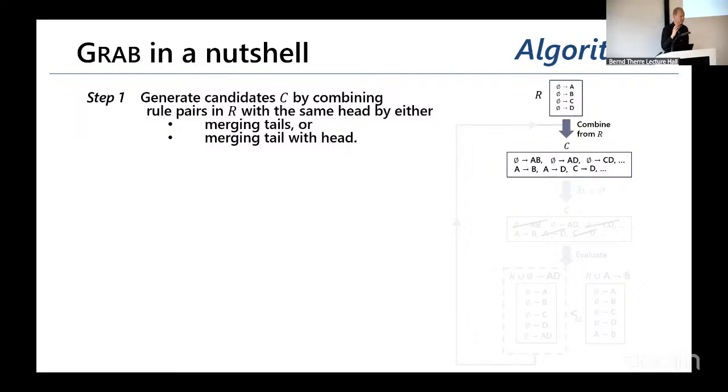So what we can do instead is use the information we already have of how well the old model was functioning and how often we saw an empty to A and so on, to build an estimate of how often we think empty to AB will be used. And if we know how often it will be used and how empty to A and empty to B will be affected, we can estimate what would be the gain overall. And we can do this for everything, not just empty to AB, of course.